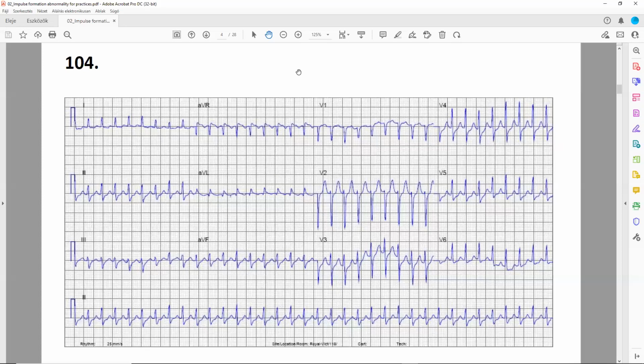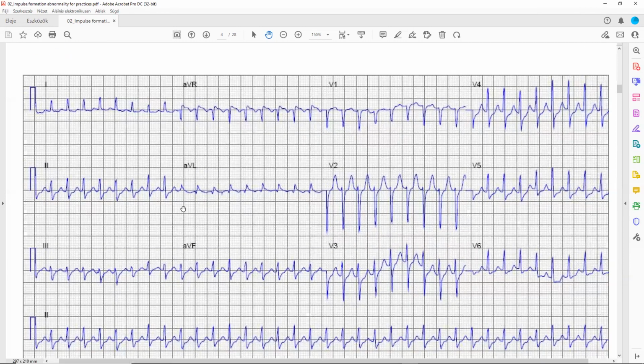Okay, go on. Impulse formation. I wasn't really sure about this, the impulse formation. Yes, you can be sure. First of all, that's rhythmic. Do you see P waves? I think so. Okay, if you do see P waves, I'm very happy, because I don't see any P waves.